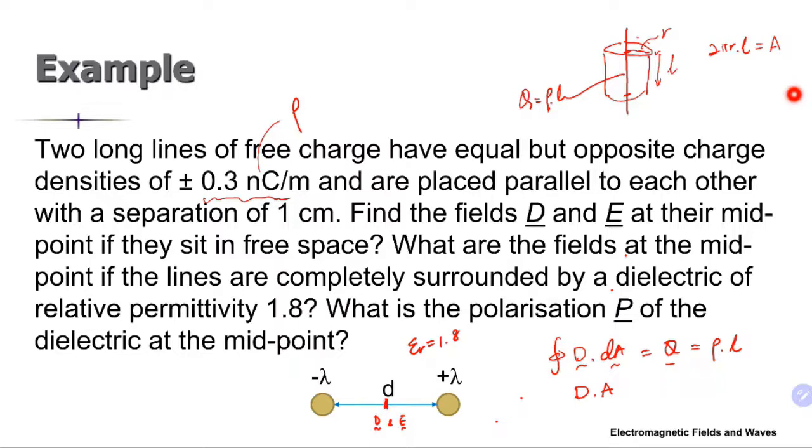Okay, so you can find the electric flux density at the midpoint, where r is d over 2. And then the direction of the electric field: the positive charge is the source, so this is my D for the positive.